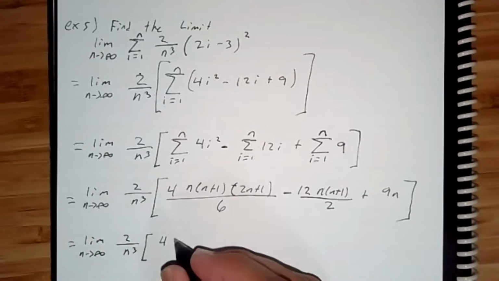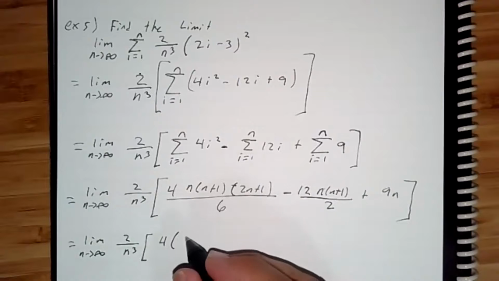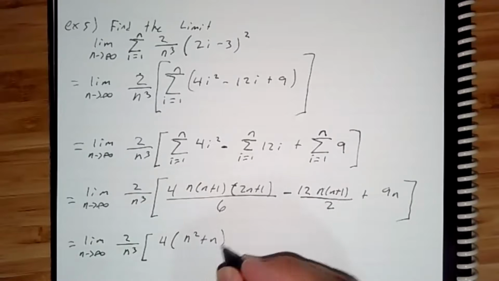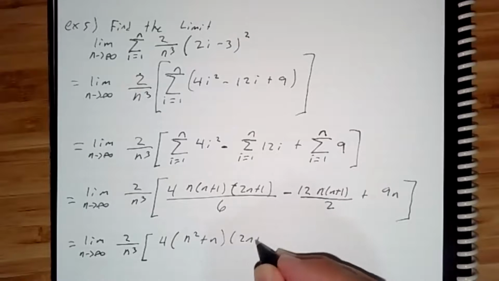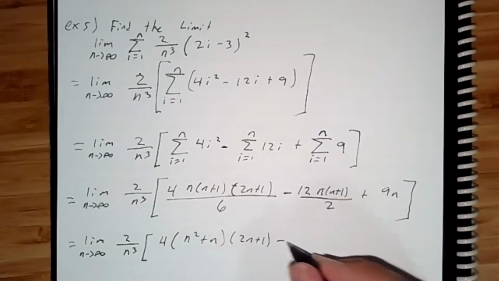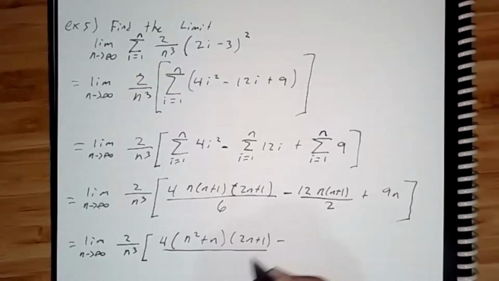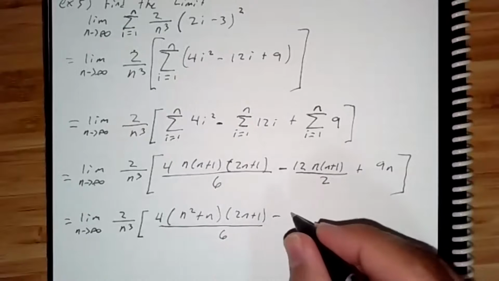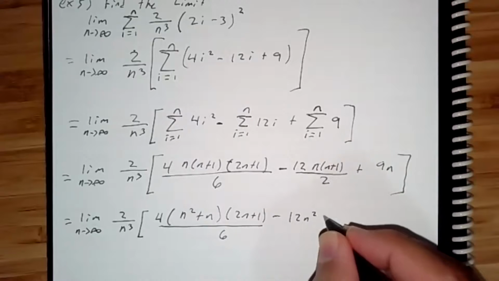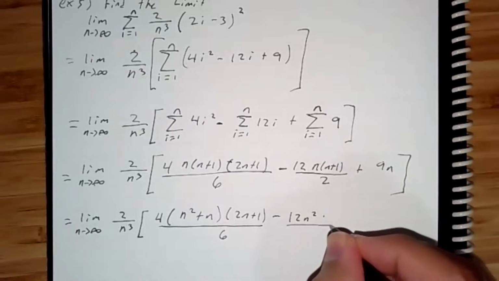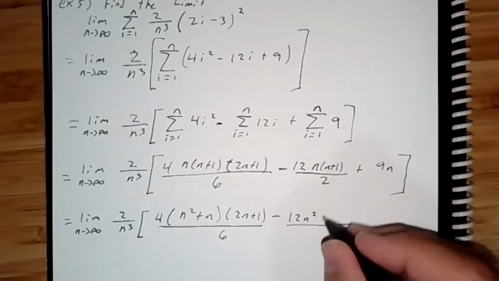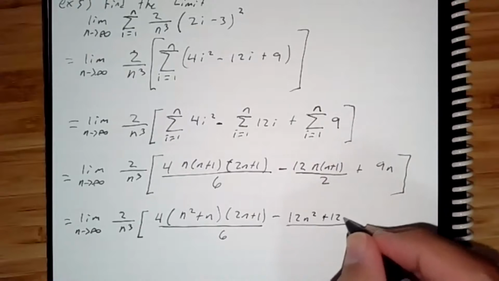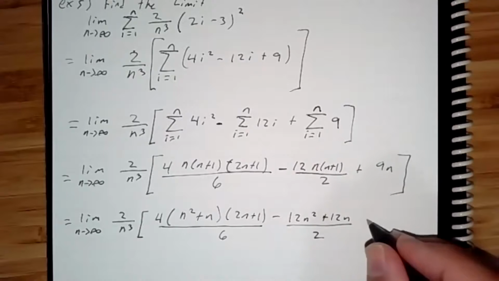So we get 4. I'm going to leave the 4 out here. So n times n plus 1, that'll be n squared plus n, times 2n plus 1 over 6. It's getting kind of messy, right? Then minus 12 times n squared plus n over 2, plus 9.